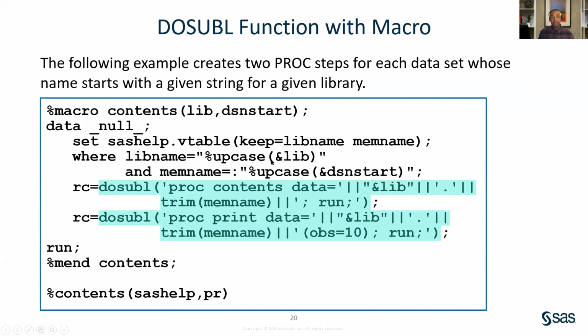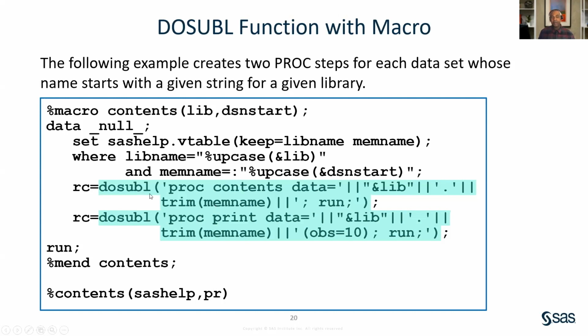And by the way, notice I'm moving it to uppercase with %upcase, just in case you don't type it in capital letters, which we didn't yet. And the memname equals the %upcase of DSN start, PR. So all the data sets that start with PR. You see the equal colon?